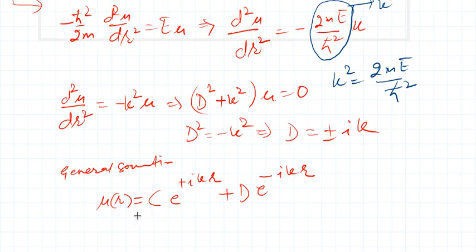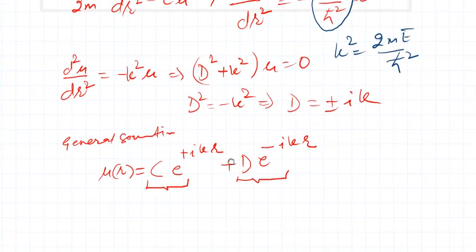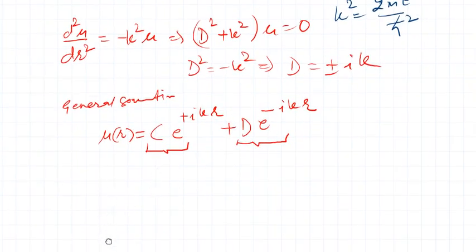Right? So it contains two parts. One part is this and another part is this. The first part is the outgoing spherical wave because it's e raised to power iota kr, and e raised to power iota kr means it's a spherical wave.